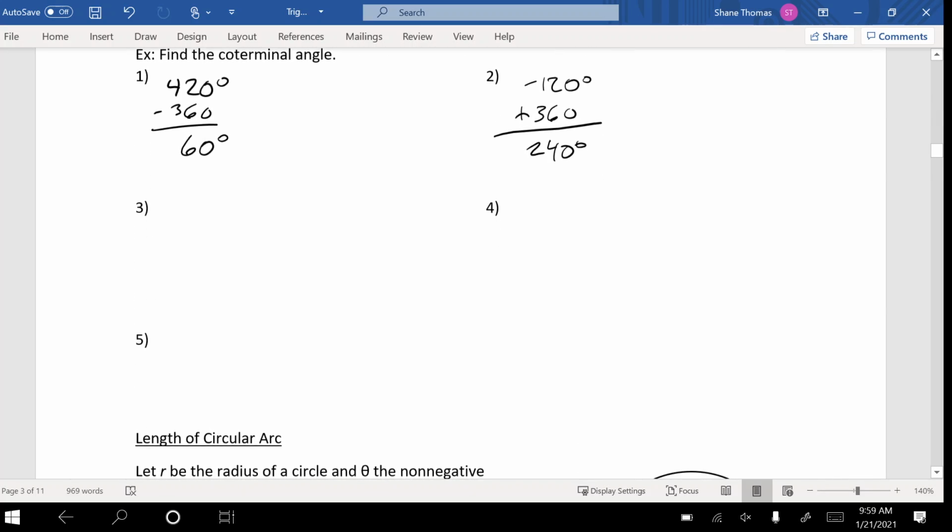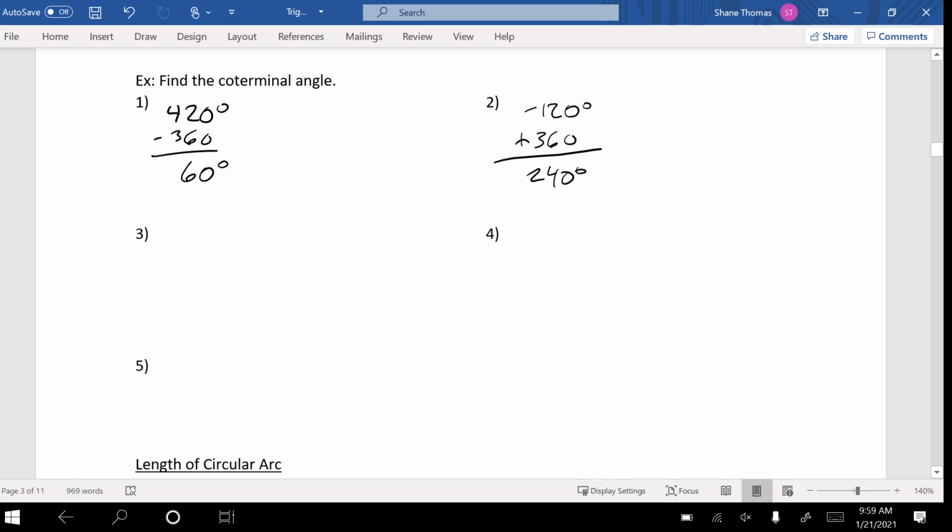All right. Let's look at a couple in radians. If I have 17 pi over 6, that's obviously bigger than 2 pi, right? Because 12 pi over 6 would be 2 pi.